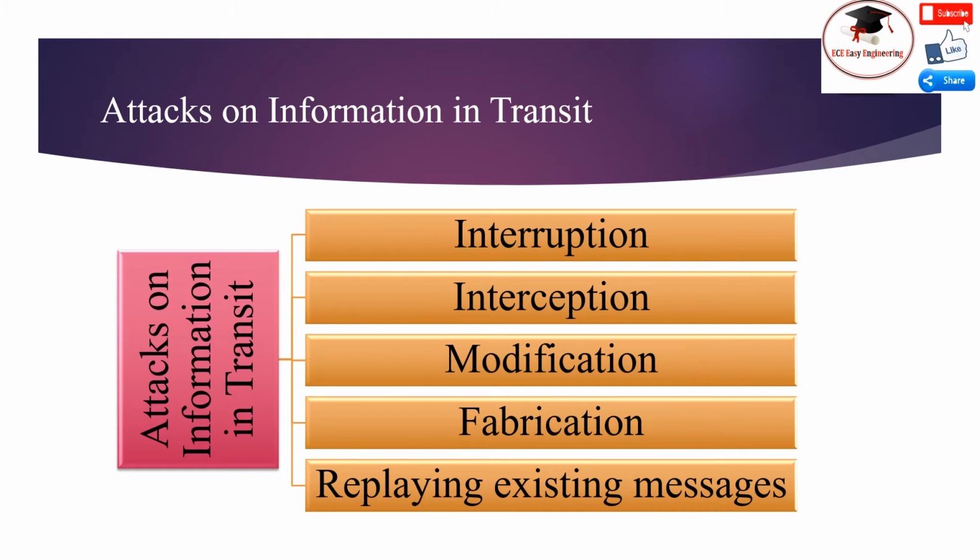Interruption. Communication links in sensor networks become lost or unavailable. This operation threatens service availability. The main purpose is to launch a denial of service (DOS) attack. From the layer specific perspective, this is aimed at all layers. Interception.